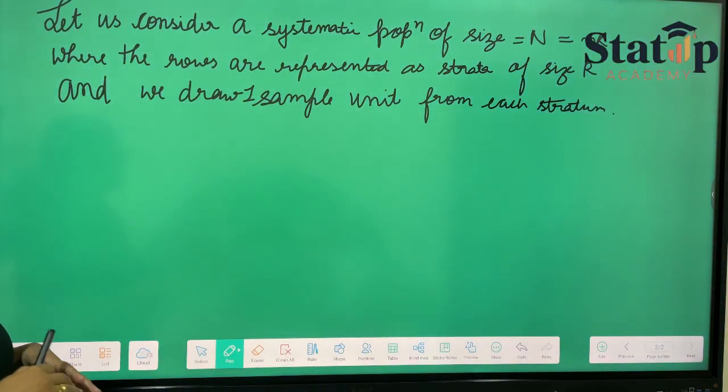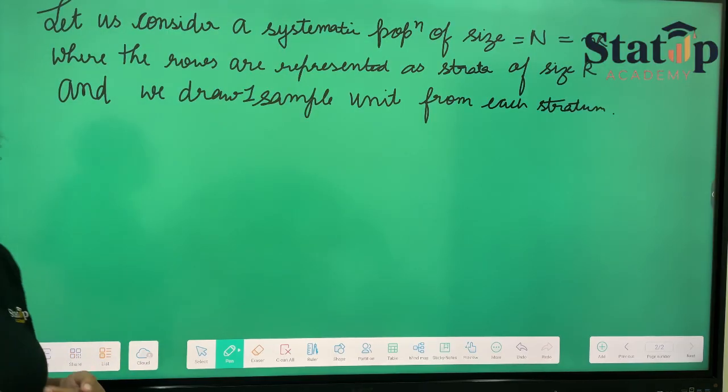This is the overview of how stratified random sampling can be taken from systematic random sampling.